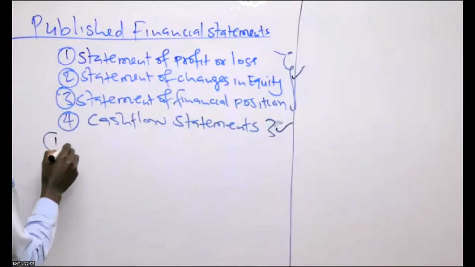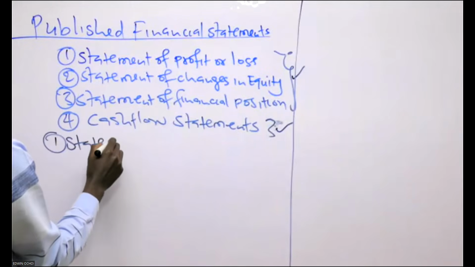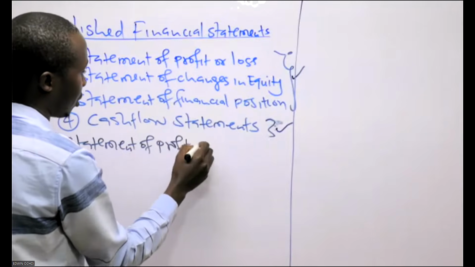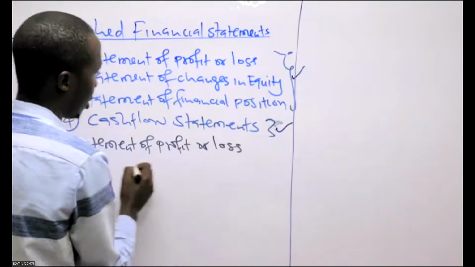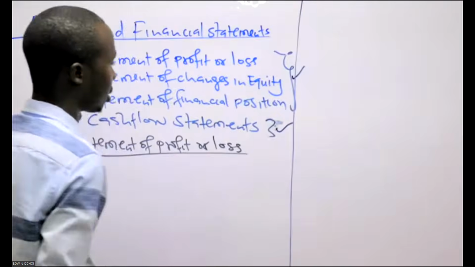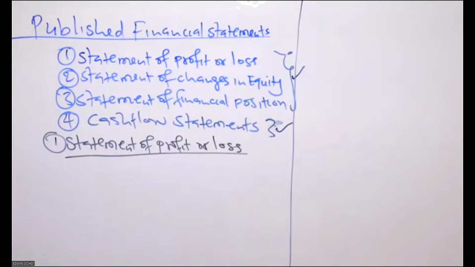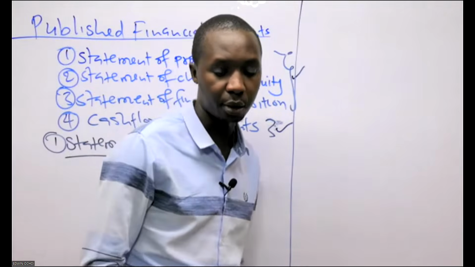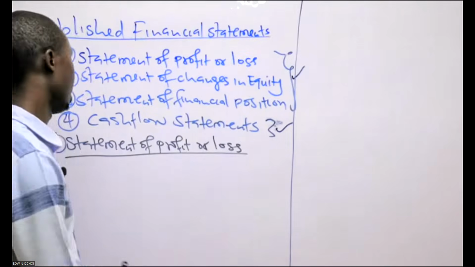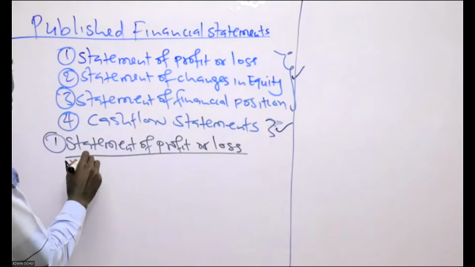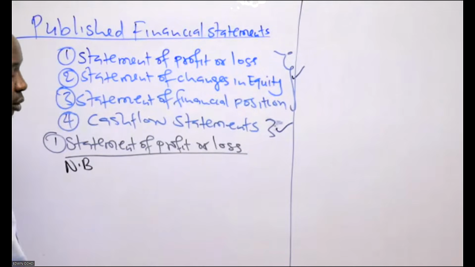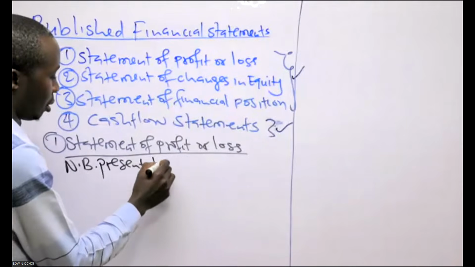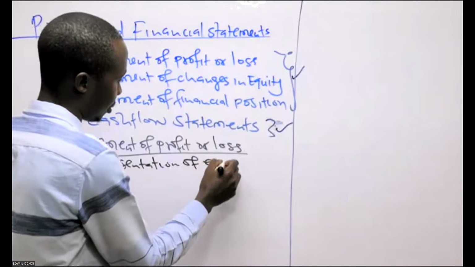Starting from the first one, the statement of profit or loss. For the statement of profit or loss, you need to understand how it is presented. Remember that the main thing to note is all about the presentation of expenses.